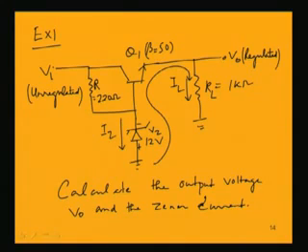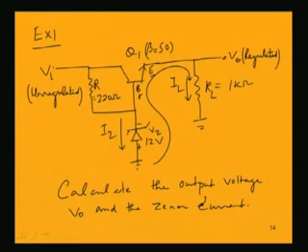It will be Vz minus VBE, because the voltage between base and emitter of this transistor is VBE. So Vz minus VBE will be V0. It is a simple way to find out V naught. By looking into this circuit and applying Kirchhoff's voltage law in this loop, it is Vz.